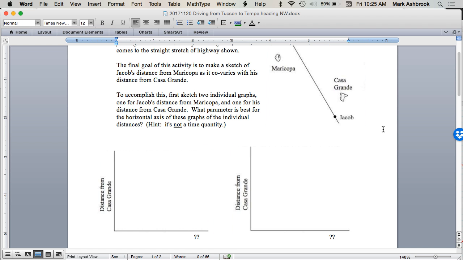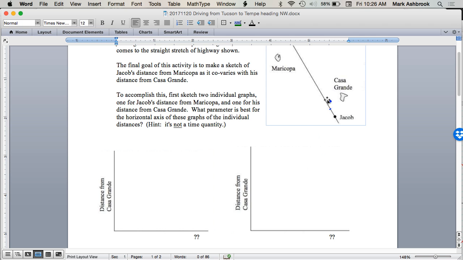Okay. Any ideas? So what might be this parameter that's going to make these graphs very manageable and help us to achieve the final goal? Okay, so she's saying total distance down the road. Displacement from starting point or distance down the road. Other people came up with that? Okay, good. Yeah, so that is going to make this very manageable. So what we can do is look at increments, right?